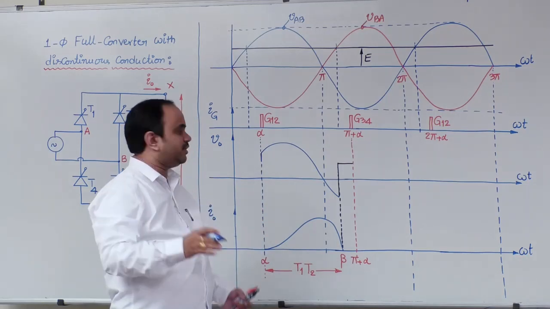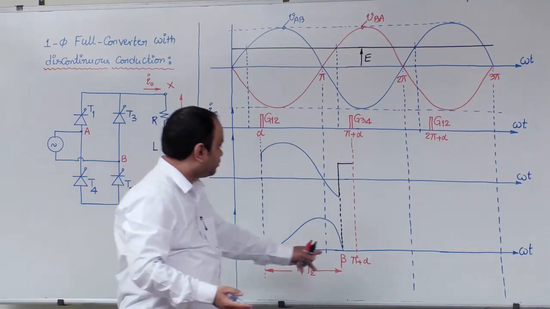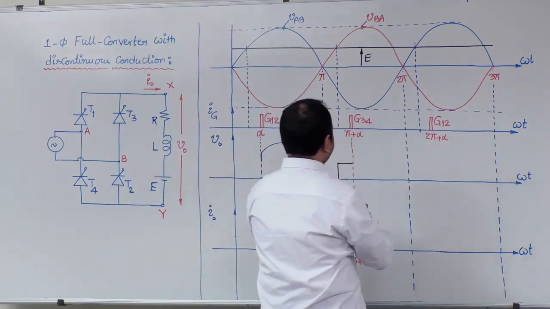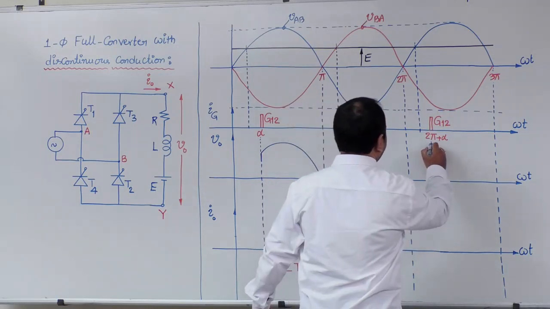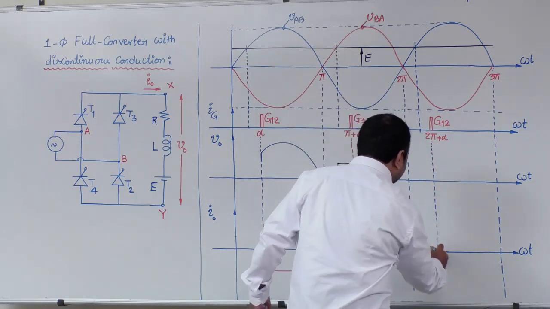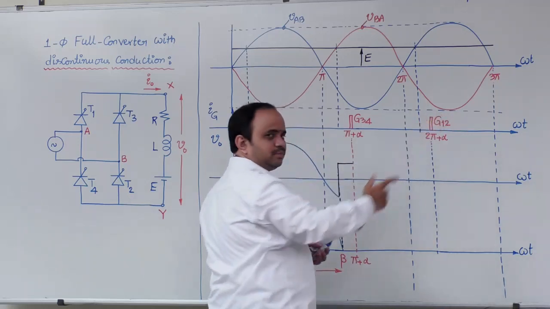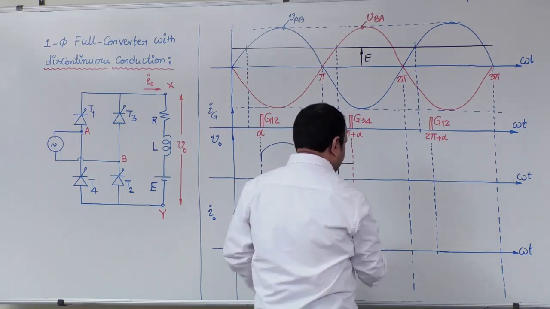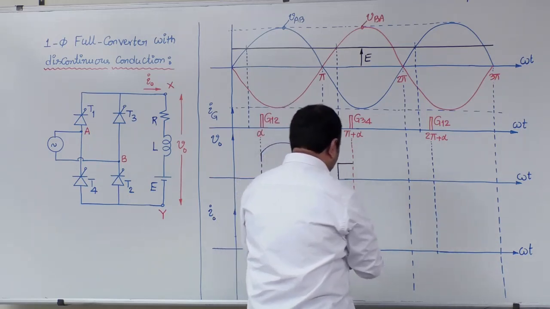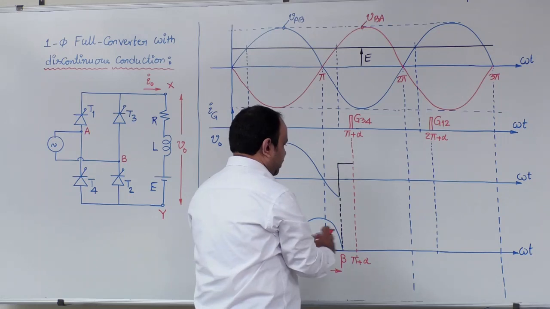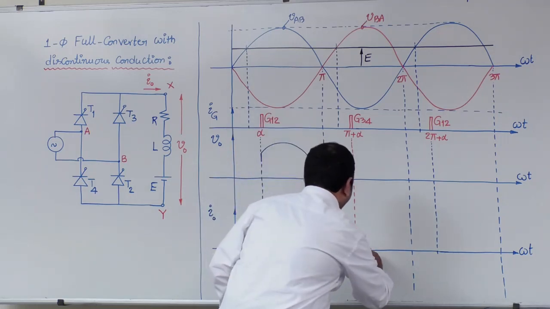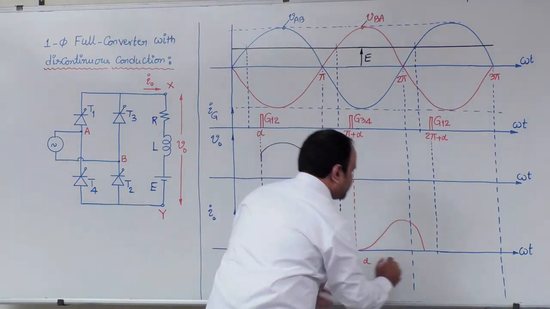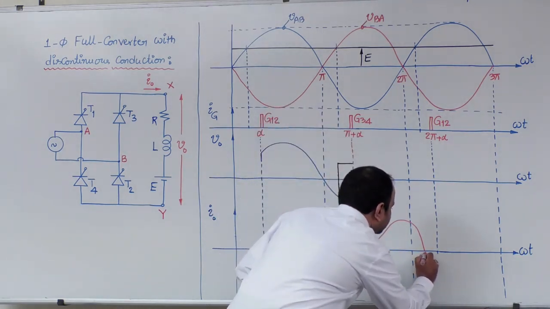But that current waveform should start from pi plus alpha. At 2 pi plus alpha, the next cycle T1 T2 pair is triggered. But now let me draw the output current waveform. Okay, pi plus alpha to this particular instant. So what is this angle?